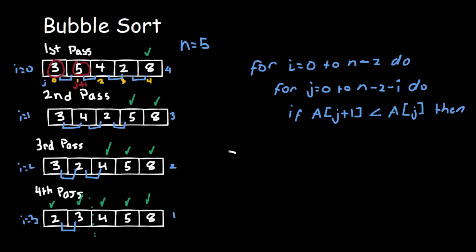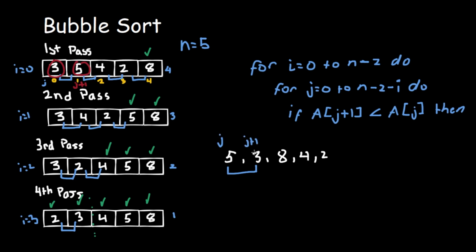So this was originally 5, 3, 8, 4, 2. If you recall, that's the first array we started with. We checked the first two elements, 5 and 3. So this would be j, and this would be j plus 1.